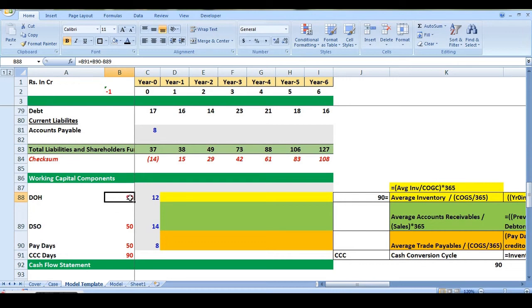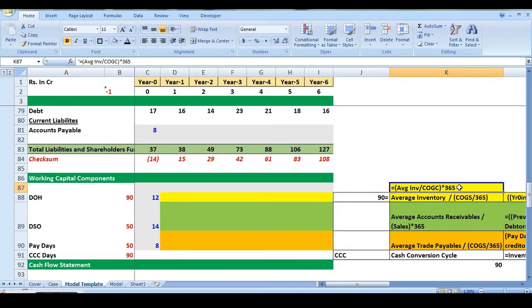Now once the holding periods and year 0 values are available, with the help of ratios related to days of holding, days of sales outstanding and pay days, we can calculate the values by reversing the formulas. For example, the formula for days of holding, which is 90 days, is average inventory divided by cost of goods sold, the whole multiplied by 365.